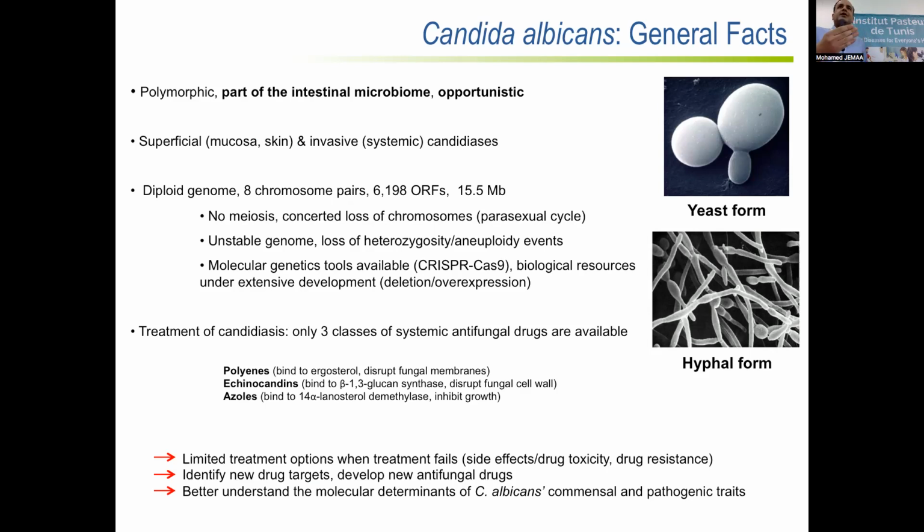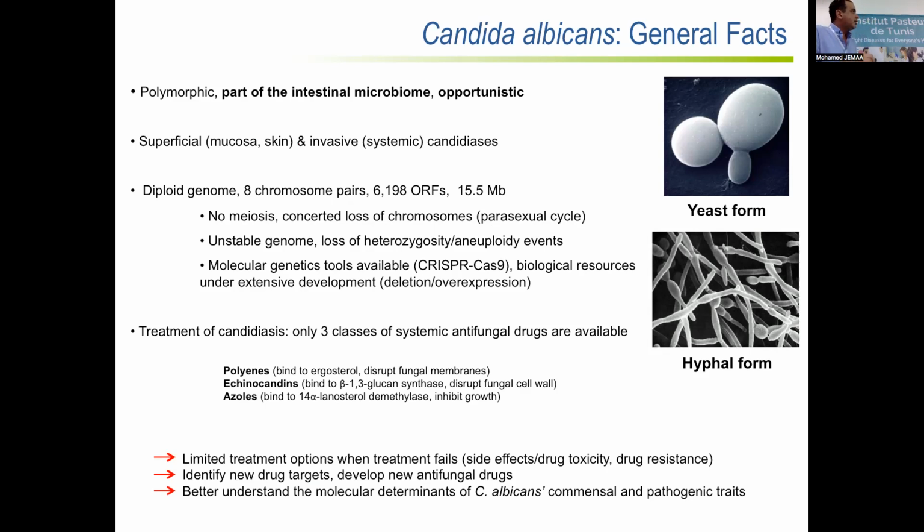This is based on the fact that Candida is a eukaryotic species like us. So it's difficult to find a molecule that targets a eukaryotic organism without targeting ourselves. So this is a challenge, basically, to find really new drugs against Candida.